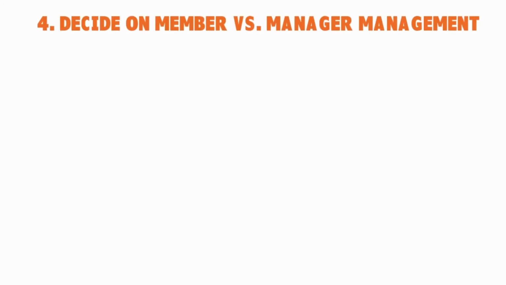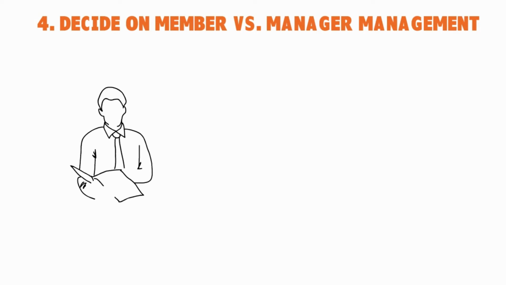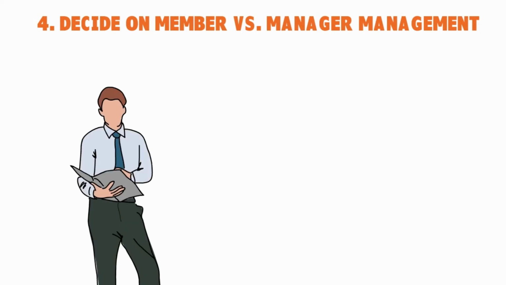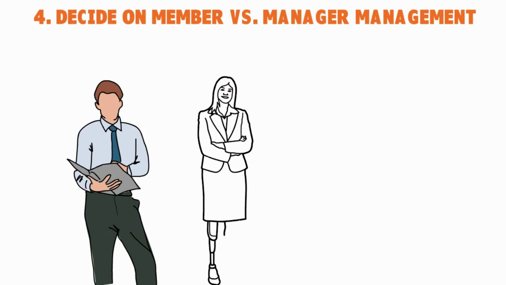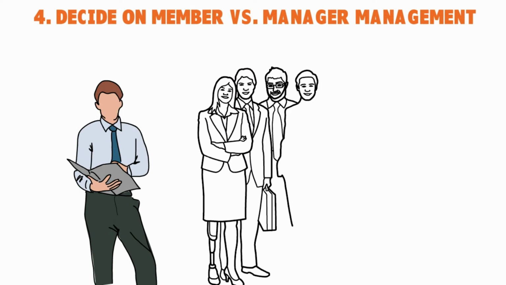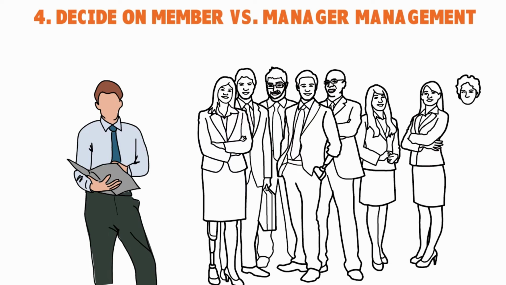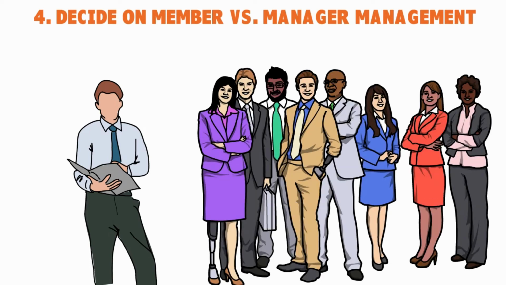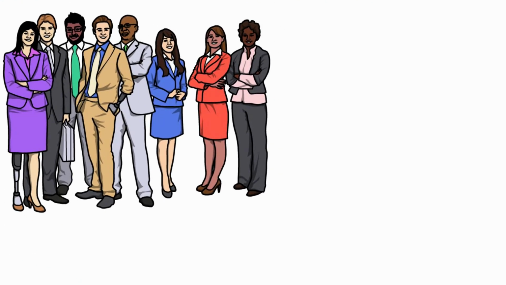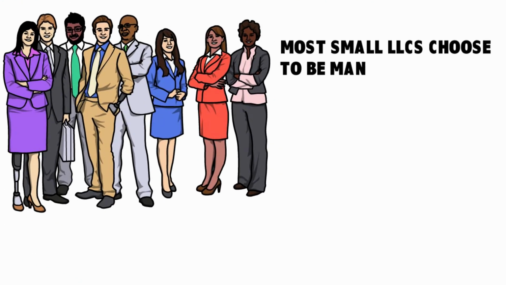Number 4, decide on member versus manager management. When it comes to an LLC, you can decide whether you want to run the company through members or through a manager. Most small LLCs choose to be managed directly by their members, but LLCs are free to appoint one or more people, the outsiders, to manage the LLC.